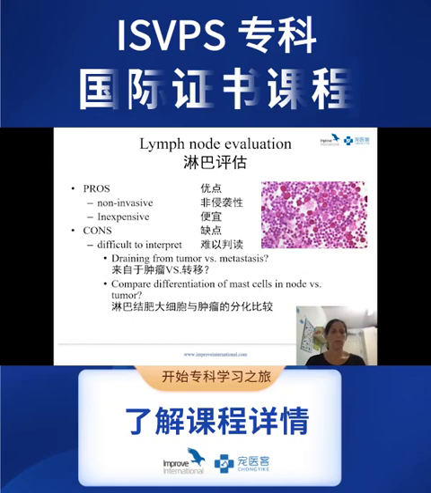The cons are that in some cases it's difficult to interpret because we're not sure whether the mast cells that we see are because of draining from the tumor or actual metastasis. To understand that, you have to compare the differentiation of the mast cells in the lymph node and in the tumor. But this is the only test that needs to be done when we're talking about staging for dogs that do not require complete staging, but minimal staging.